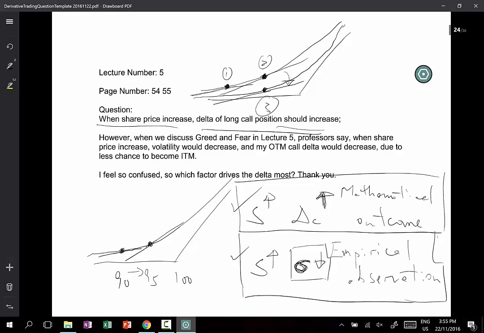So when markets are rising, people tend to be more comfortable, and as a result, sigma will fall. So when you combine these two, no wonder there seems to be a contradiction.